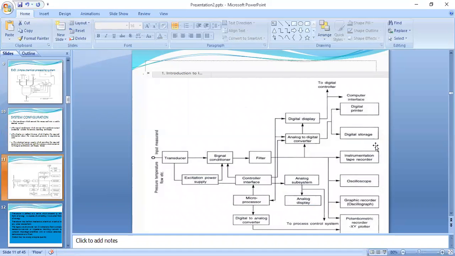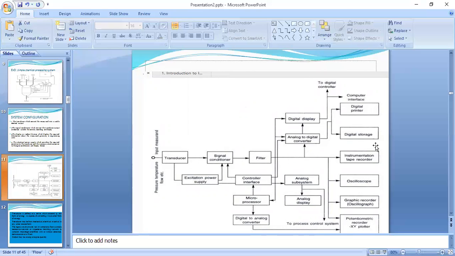Let us consider this diagram, which is used for generalized measurement systems. In the first step, the transducer converts one energy form to another energy form. That means non-electrical energy is converted to electrical energy.